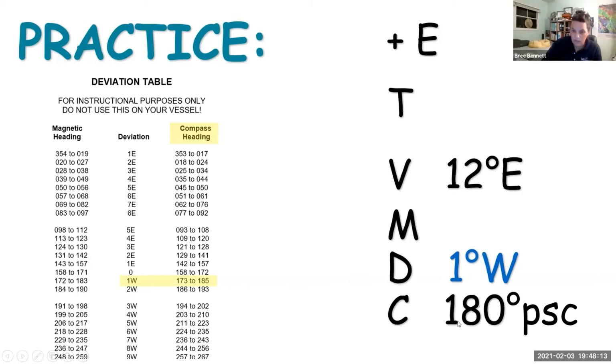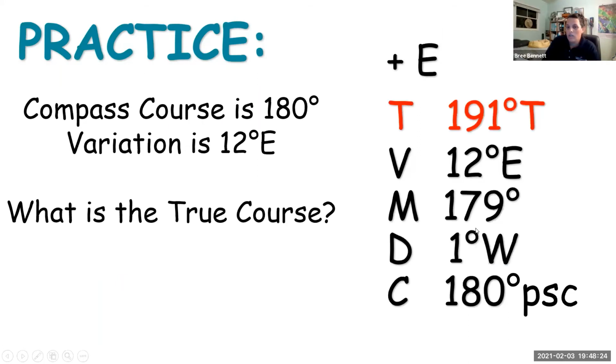So I'm going from C up. So I am going to be doing the opposite because my rule here is adding east. So I'm going to be subtracting that 1 because that 1 value has a west. So I get 179 as my magnetic.